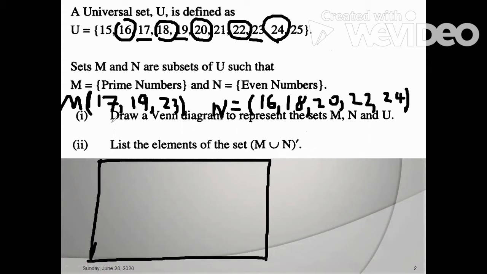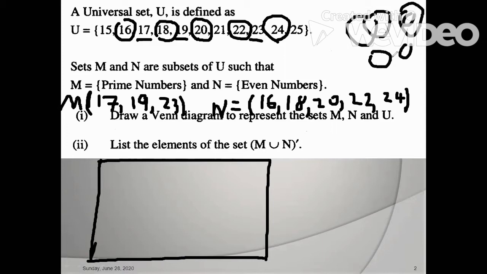So we have two sets, M and N. Before we draw, circles can go various ways. Sometimes they intersect, sometimes they don't, and sometimes you get a subset, like one is a part of the other.